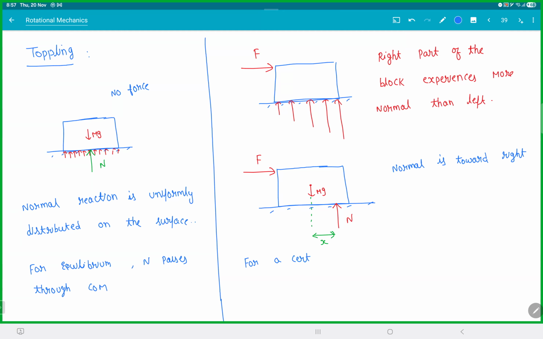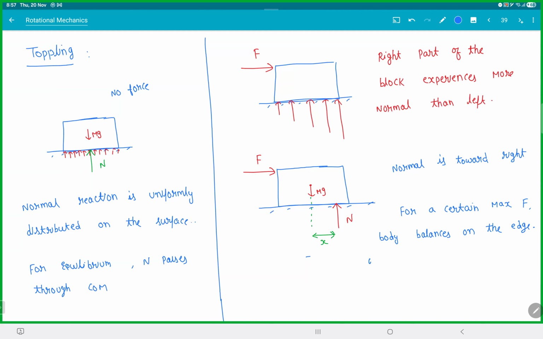if you keep on applying more and more force, the body starts balancing on the edge. Right?